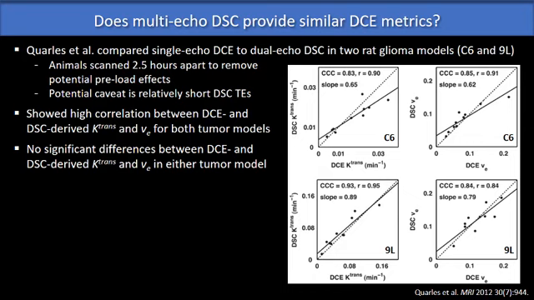But the potential caveat here is that relatively short DSC TEs and TRs were used. They still showed really high correlation between their DSC measured metrics and the DCE metrics for both K-trans and VE in both tumor models. And these tumor models really have different hemodynamic properties. So that was reassuring that we are getting the same information.